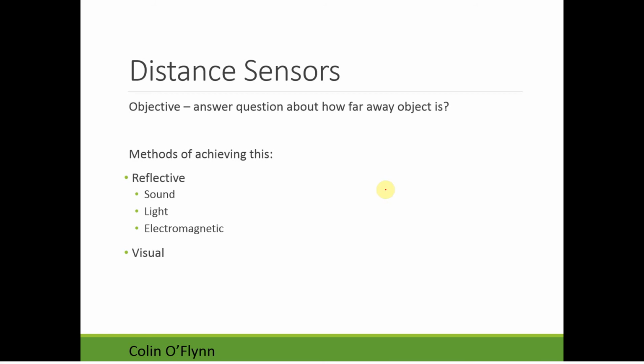If you offset them slightly, you'll see the change in perspective. Based on that, you can generate maps of the distance. This is stuff like the Xbox Kinect camera, I believe, which uses two cameras to detect distance, as well as some other systems. That's more advanced stuff we won't directly be talking about. We're only going to be dealing with the reflective sensors here.